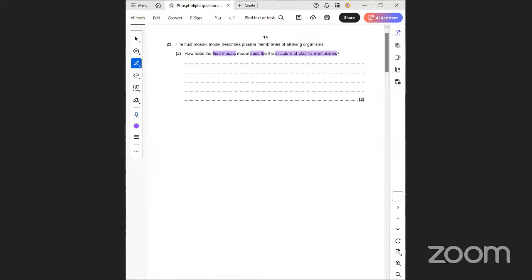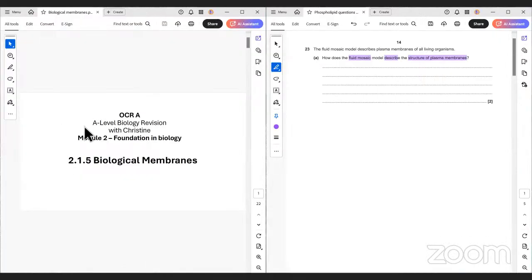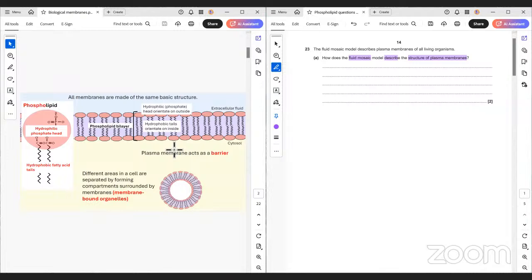So let's have a quick look at the phospholipid bilayer. We can see that we have our hydrophilic phosphate heads orientated on the outside and our hydrophobic tails orientated on the inside. This has got a 2 marker to it. So one of the parts that describes it is this phospholipid bilayer.